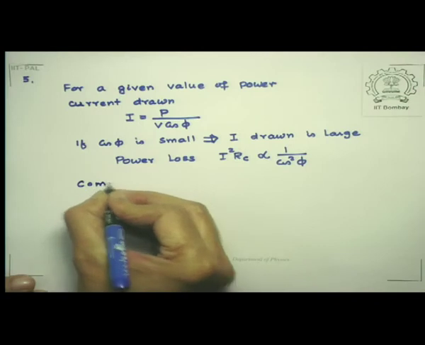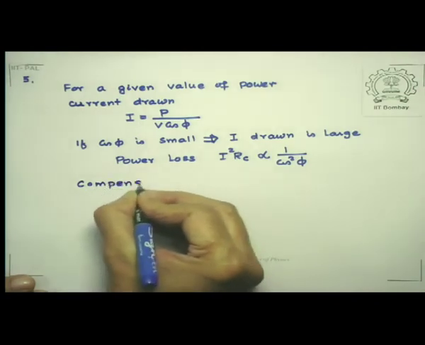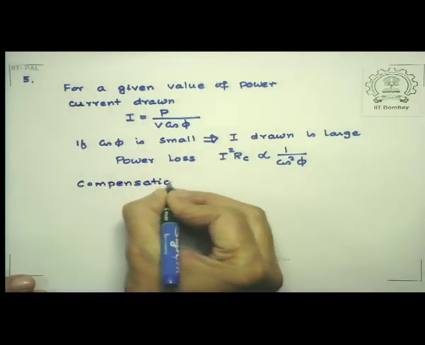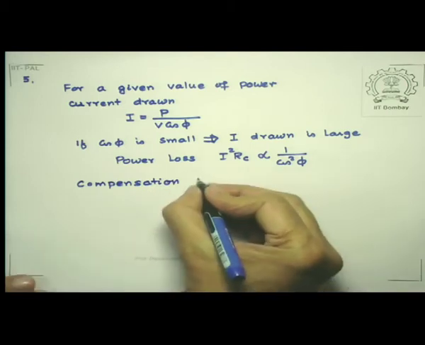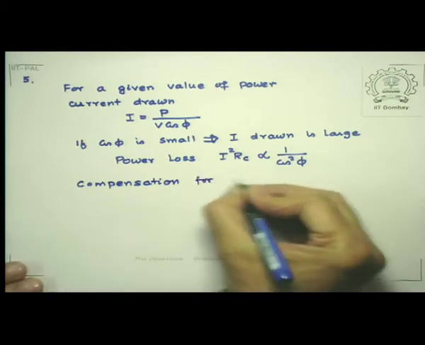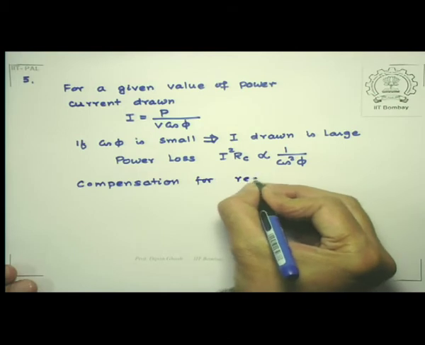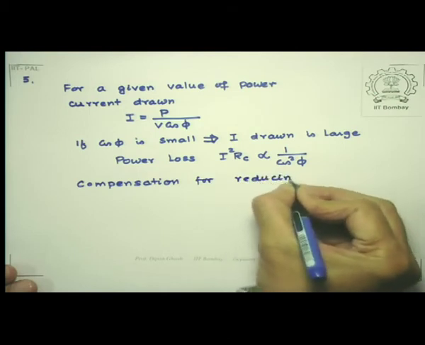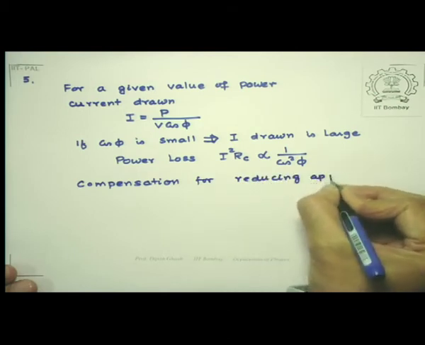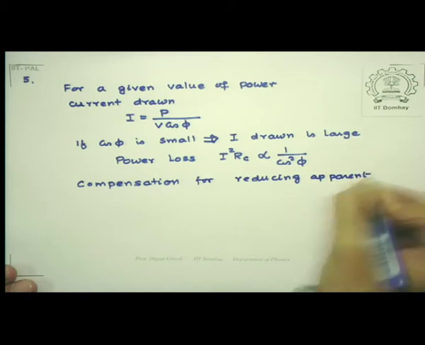So if we could somehow compensate the reactive elements, we will illustrate our ideas with a specific example, but let's first look at compensation for reducing apparent power.